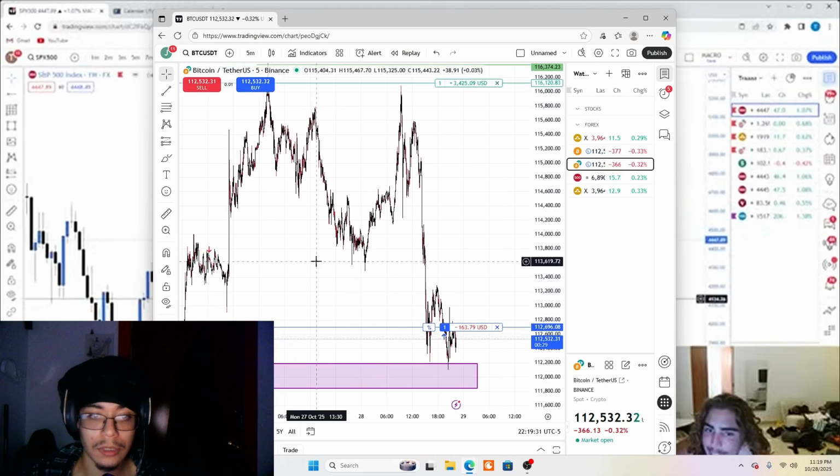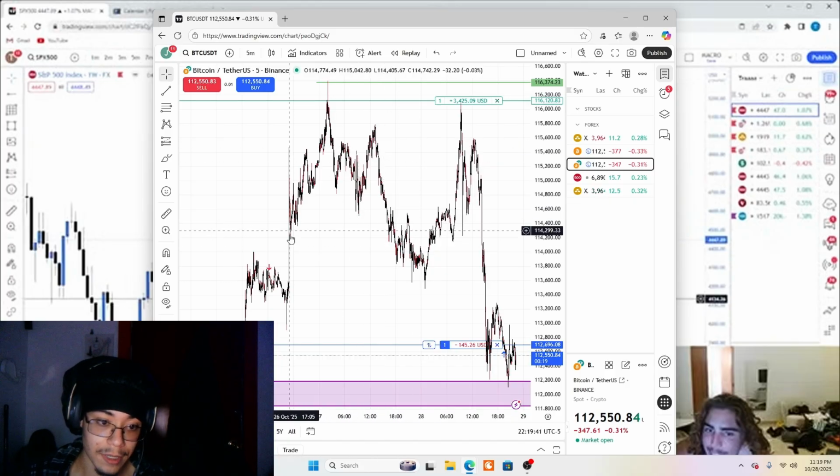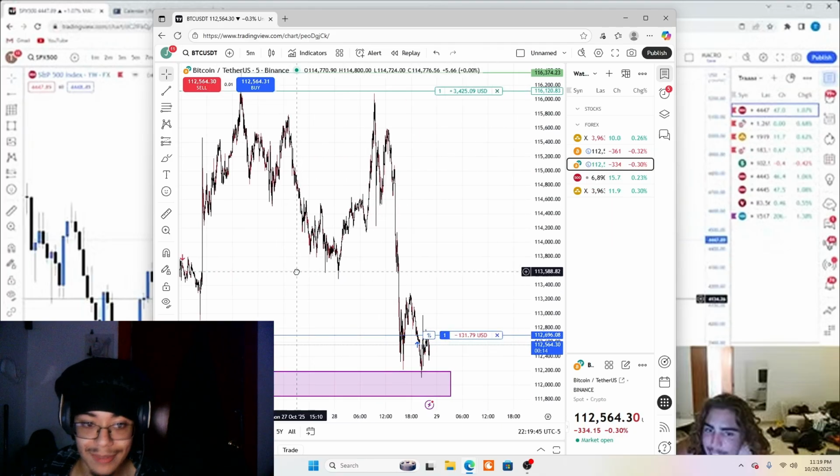Now we had all of this movement. I definitely could have taken a trade right here because I knew it was going to retrace here, but I didn't because I'm a dummy, but that's fine.